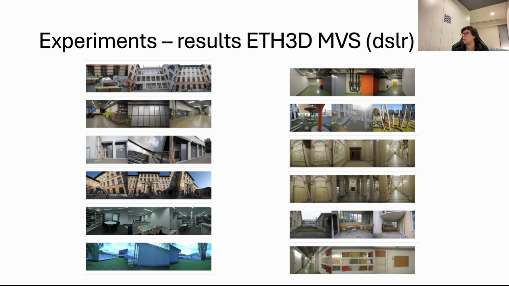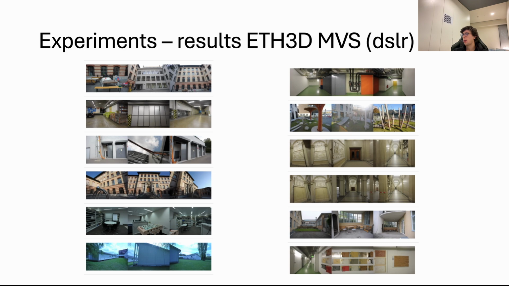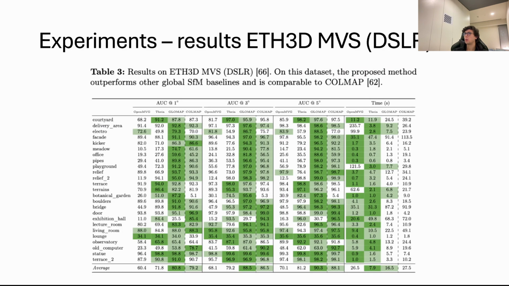And I also did it with the DSLR images on such kind of dataset, and here also the images are not too many, let's say, so it's still manageable. And here again we see GLOMAP always in the lead, even though most of the time the difference is not outstanding.